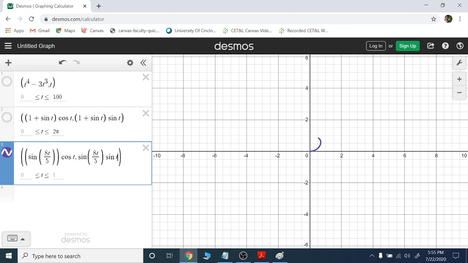Well, I don't think we need this bracket. Yeah, so this is the parametric representation.